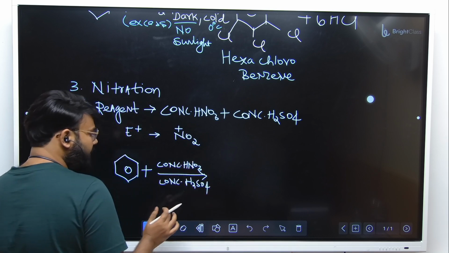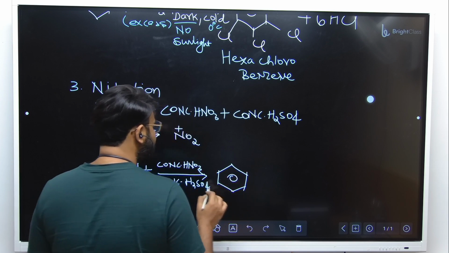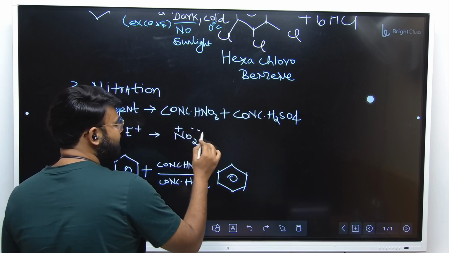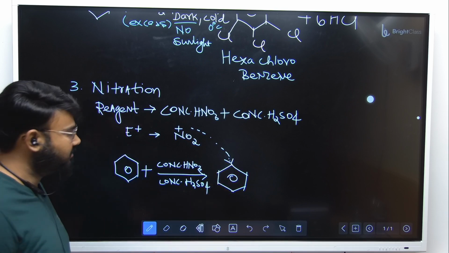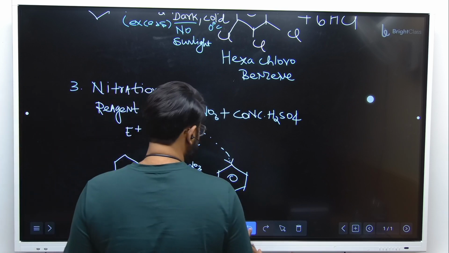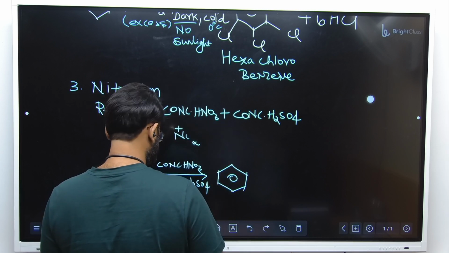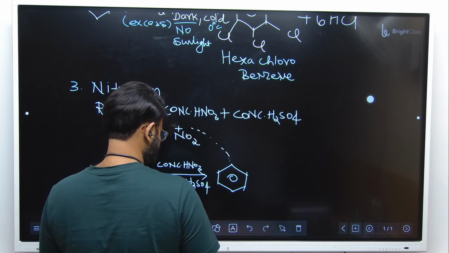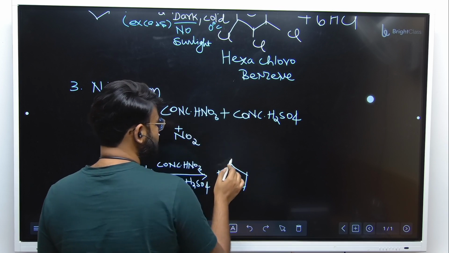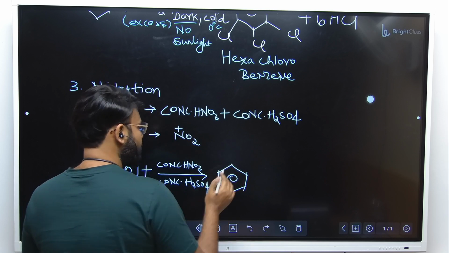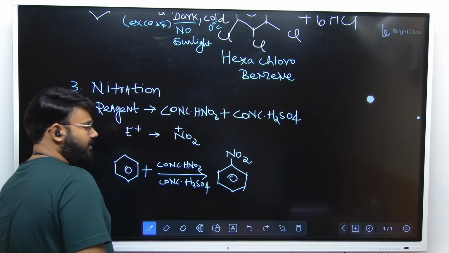So from this combination, NO2 plus will come up and that NO2 plus will attack the benzene. So understand what do we get here? So we get a nitrobenzene, guys.